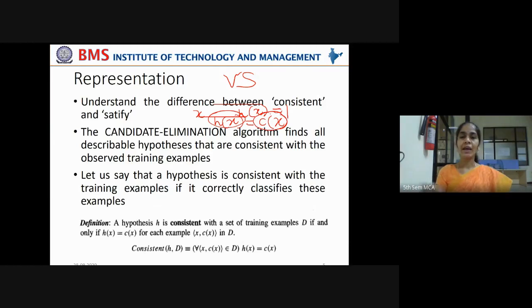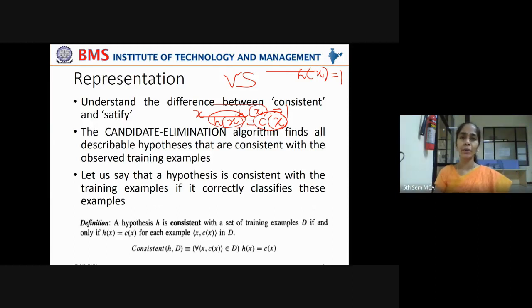If I say a training example X satisfies a hypothesis h, then we denote it as h of x equal to 1. In this case, it just checks whether that hypothesis covers the training instance. It doesn't bother about the outcome, whether it is yes or no, 1 or 0.